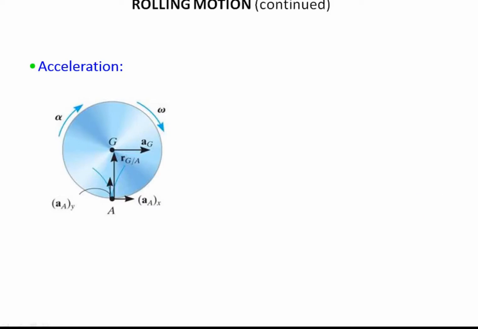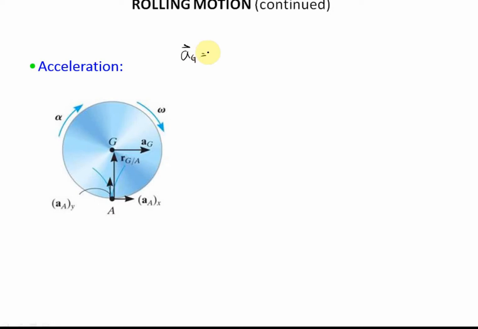Let's look at the accelerations here. At this point, A has zero velocity. However, it has a certain acceleration in y. Let's determine what the acceleration would be. Here we also use relative motion analysis.